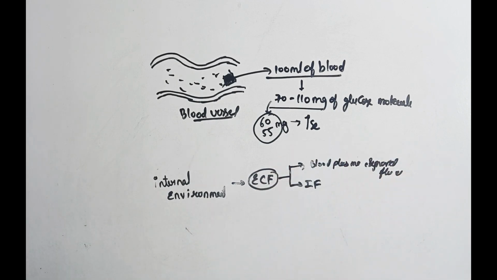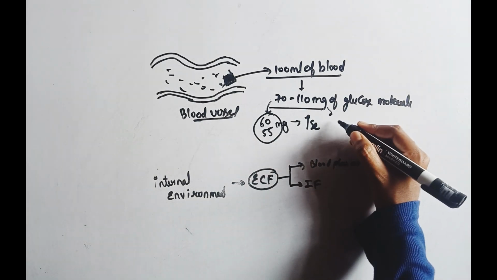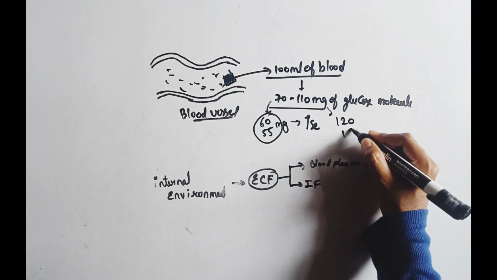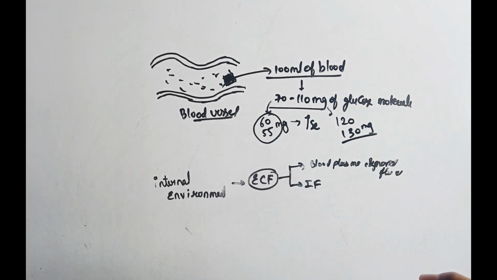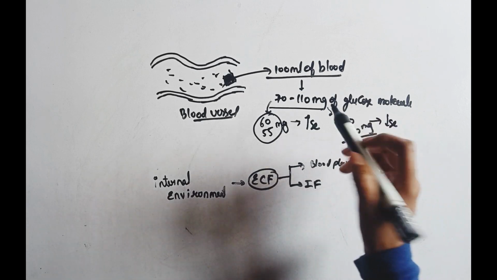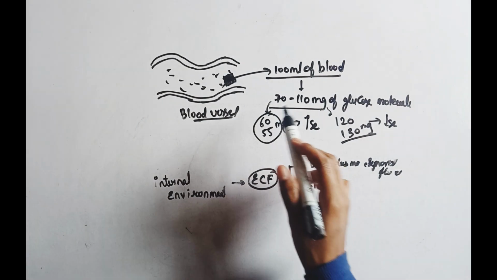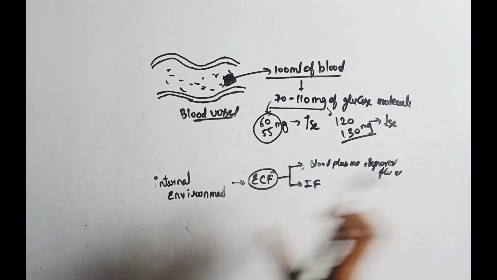Next condition: what happens when the glucose is greater than 110 milligrams, for example 120 or 130 milligrams in 100 ml of blood? Your internal environment is changed and the body senses that the glucose has increased. So the body decreases the glucose down to 110, or between 70 and 110 milligrams in 100 ml of blood.